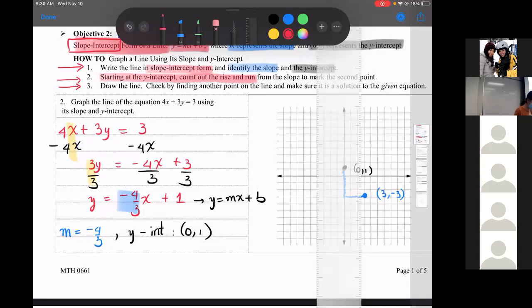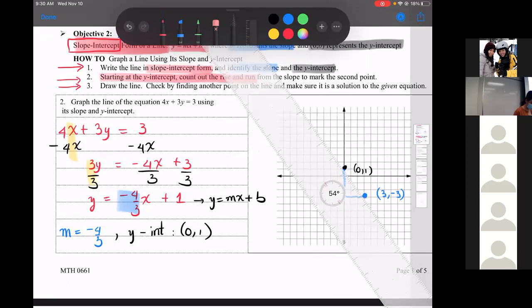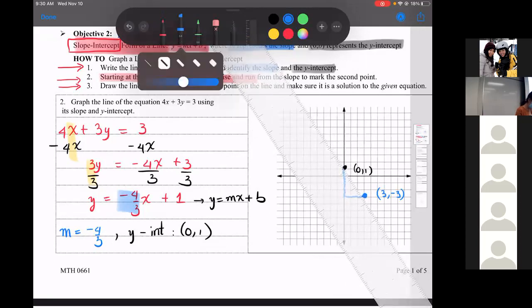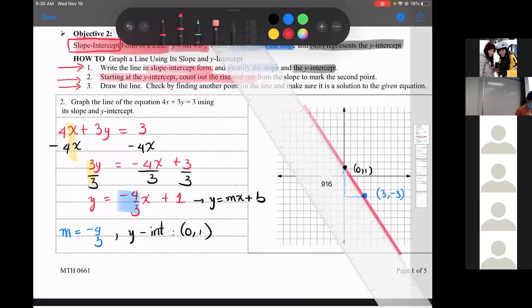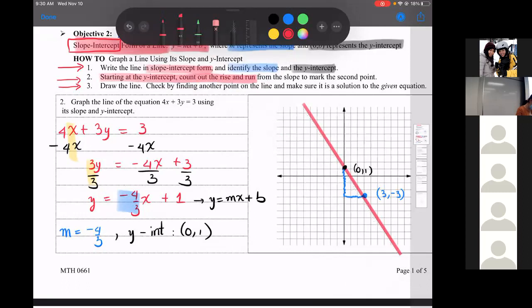What happened? It won't let me do it. All right. Now, how do I check? I'm going to pick a point. To make it easy, I'm going to pick the blue point to check.